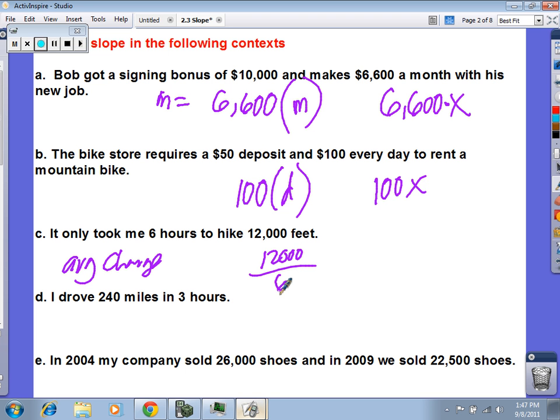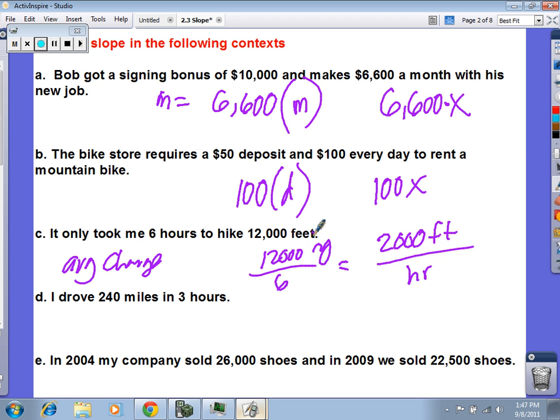Why 12,000 divided by 6? You did it in physics. What's 12,000 divided by 6? Your answer is 2,000 feet every hour. So which one of these is X and which one's Y?